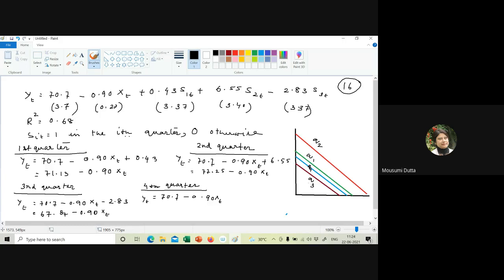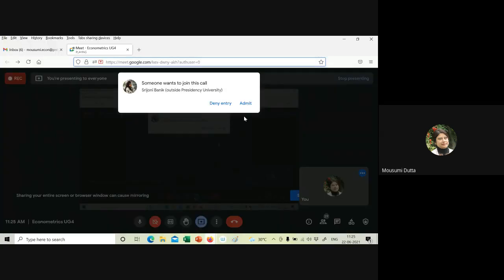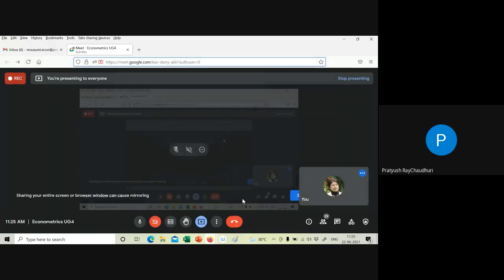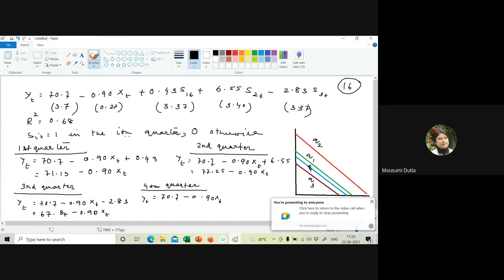Now, when we compare the lines, with respect to which line will we compare the rest? The line corresponding to the fourth quarter. Why is that so? Why will we compare with respect to the fourth quarter?